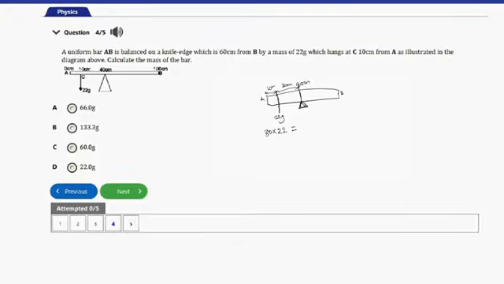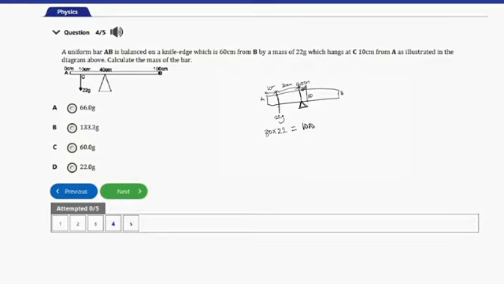But then, since this bar is a uniform bar, it's going to have its mass centered at the midpoint. Since it's a bar of 100 cm long, the mass is going to be centered at the 50 cm mark. So that will be 50 minus 40, that's 10 cm from this pivoting point. So we're going to illustrate this. The mass is going to be 10 cm from here. Let's call the mass m.